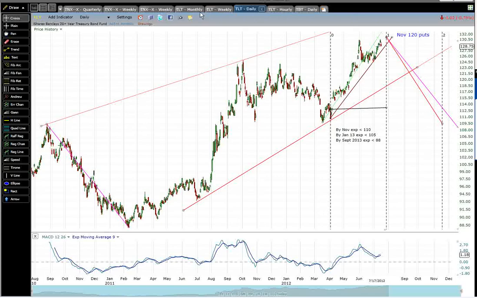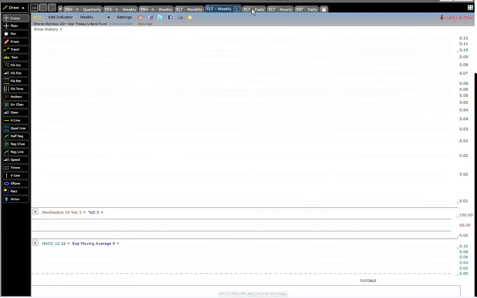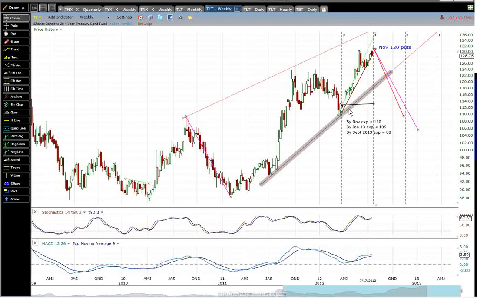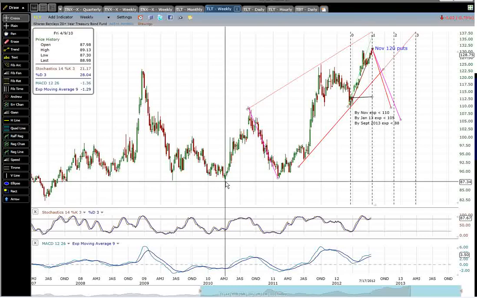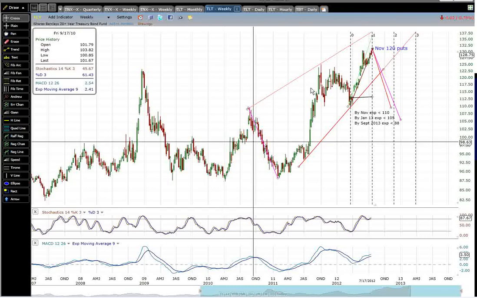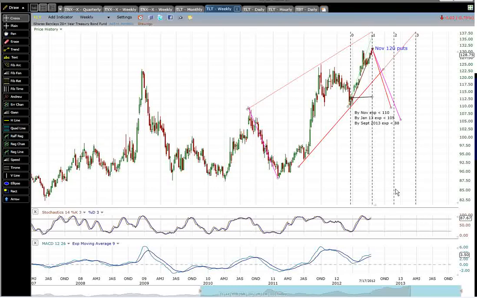And then if this is a terminal type of move to the major bond bull market that's been occurring over the last several years, that would imply that this whole move up since 2010 should be completely retraced in half or less time than this entire move took to form.